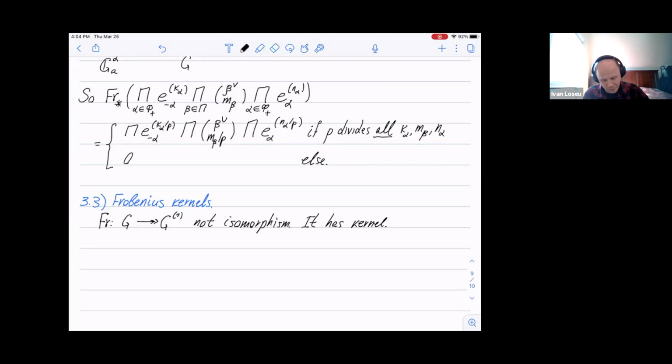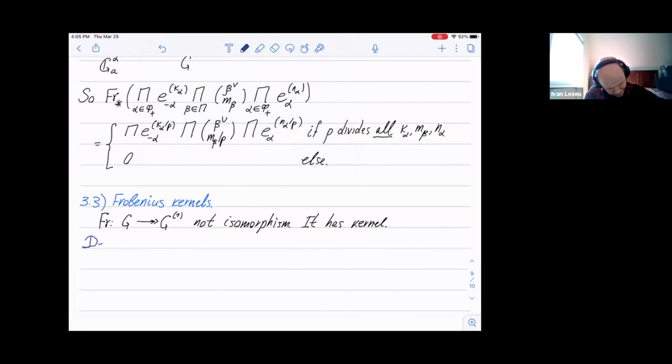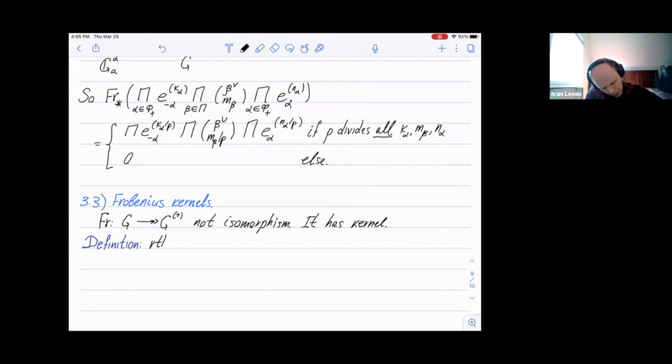And more generally, definition: the r-th Frobenius kernel G_r is the kernel of Frobenius to the power r, which goes from G to G twisted by r.